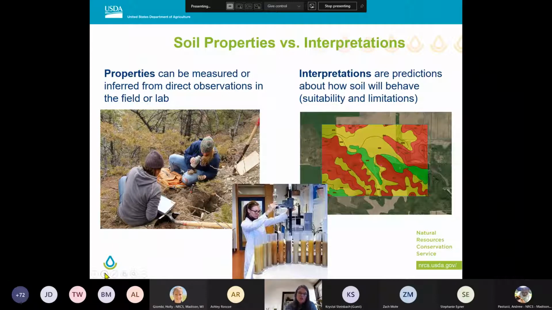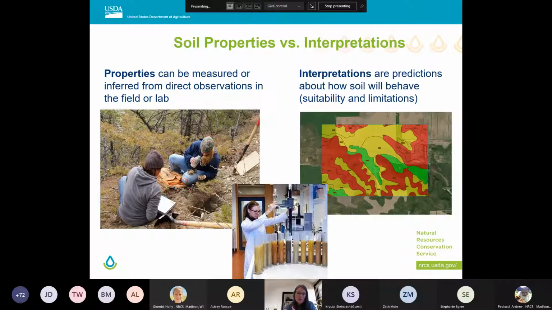So once we describe the soils, then we can classify the soils, and we can map these soils. They're grouped on their soil properties. So let's talk about what a property versus an interpretation is, because when you're doing your planning, you're probably looking at soil properties and interpretations.